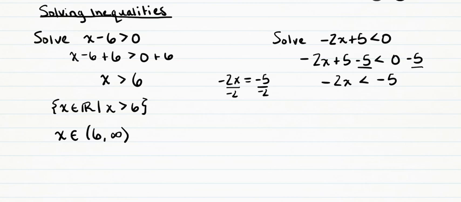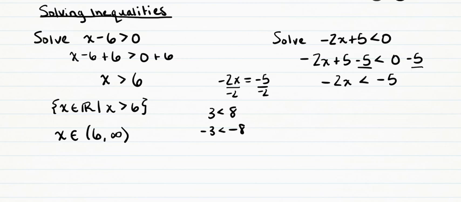So for example, if we have the inequality 3 is less than 8, and I divide both sides by negative 1, I have negative 3 is less than negative 8. And that's no longer a true statement because negative 3 is actually a bigger number than negative 8.